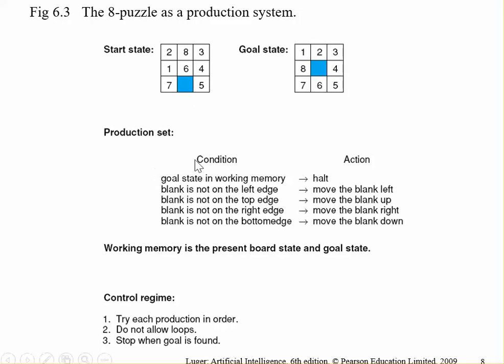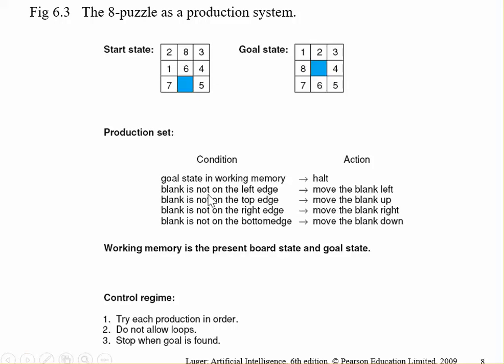So now here, look at how we're modeling the system into a production system. So here that's the rule. It says if the goal is in working memory, then we halt, and if not, this is the rule. Again, it's on us to make the definition of these rules.